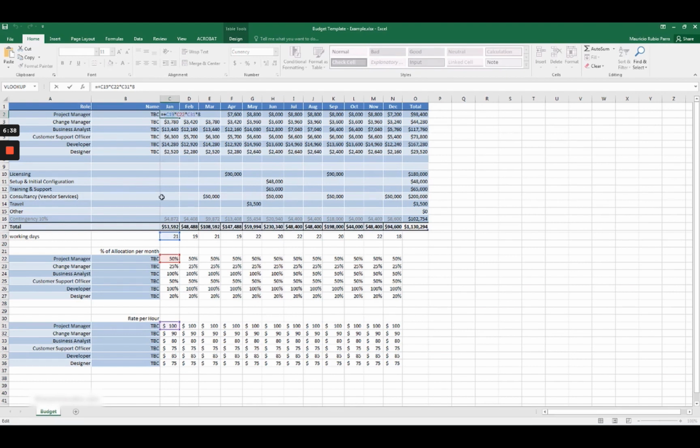We're multiplying the working days in that month times the percentage of allocation that person is working on the project that month, times the rate per hour, or his hourly rate, times the number of hours in a day, which is 8 in this scenario. I'm assuming that we're working 8 hours per day. That gives you the total amount we have to pay that resource for a month.